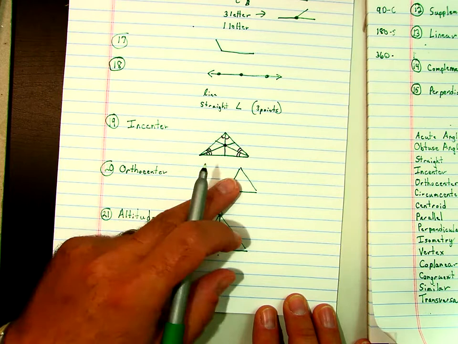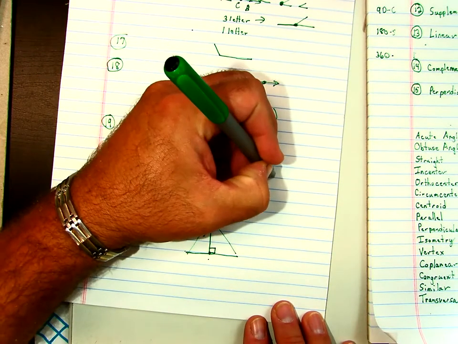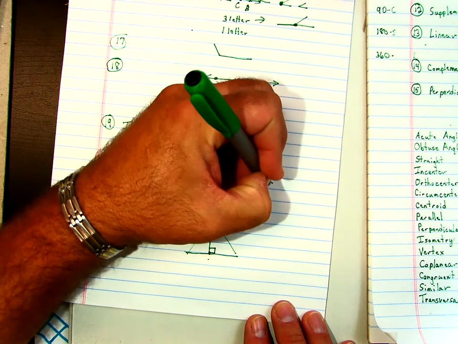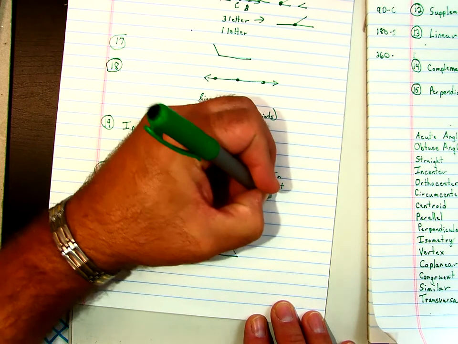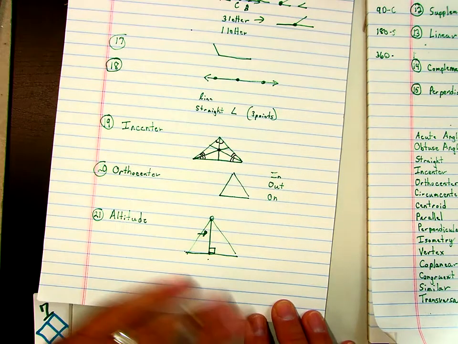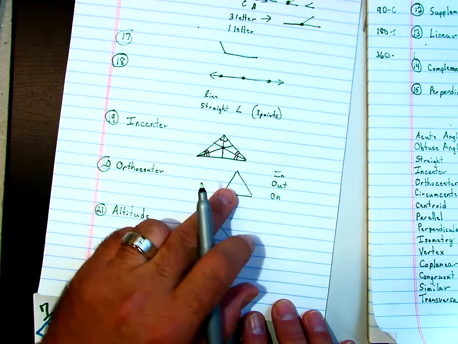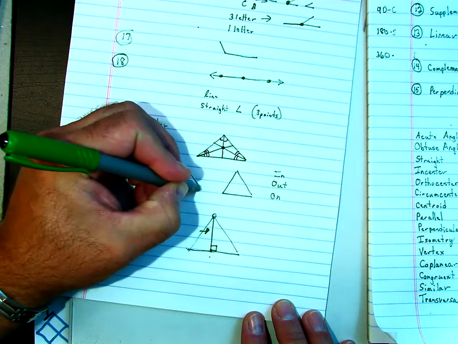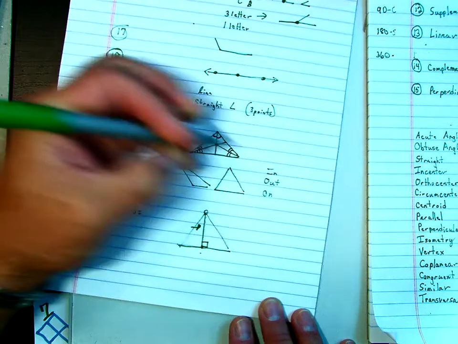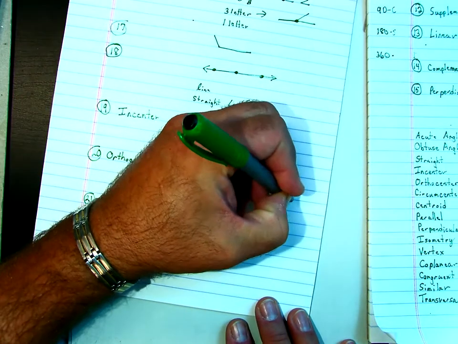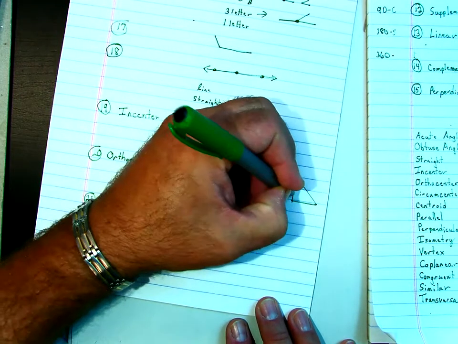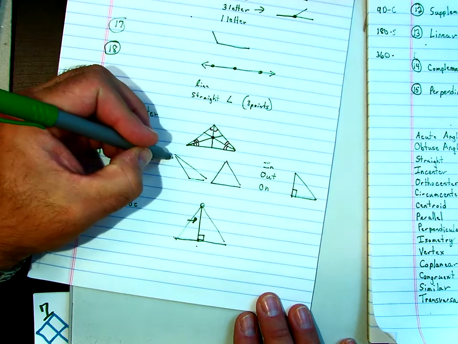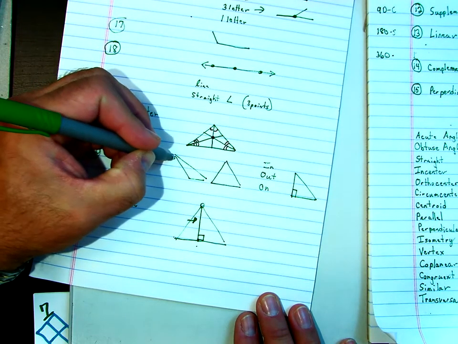Now, this changes. It can meet in the triangle, it can meet outside of the triangle, and it can meet on the triangle. It depends on what it is. In an acute triangle, the orthocenter will be in it. In an obtuse triangle, it will be out of it. And in a right triangle, it will be on it. So in other words, the orthocenter will be outside of this obtuse triangle. Well, why?